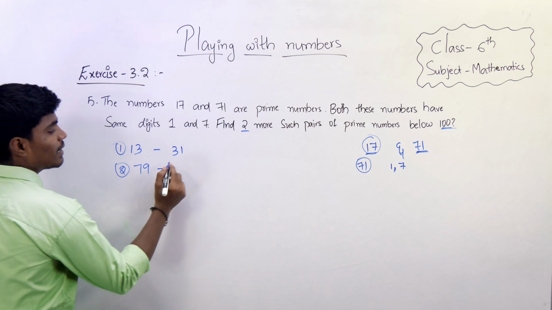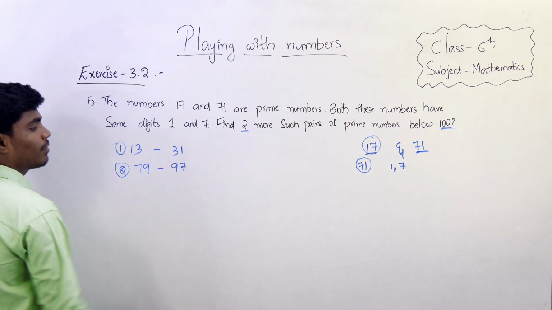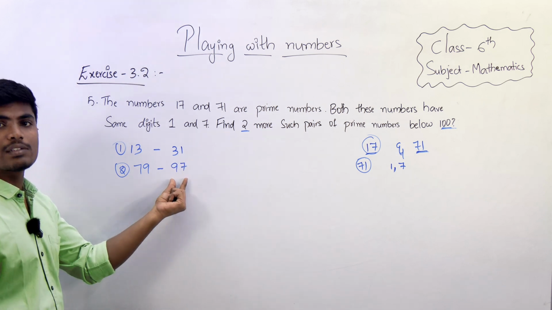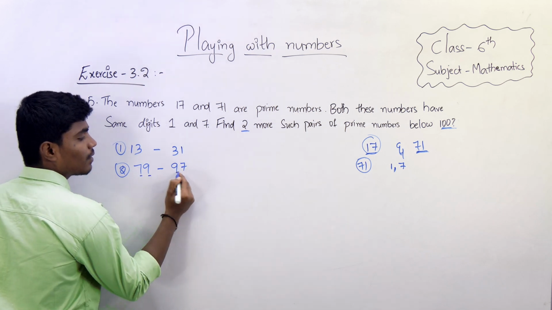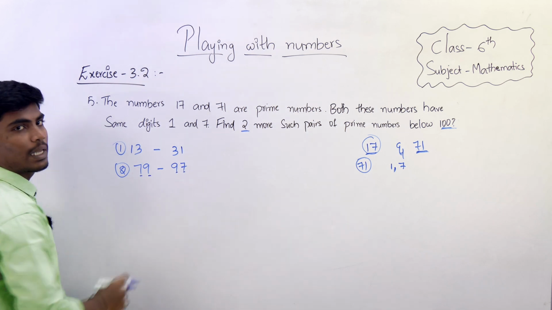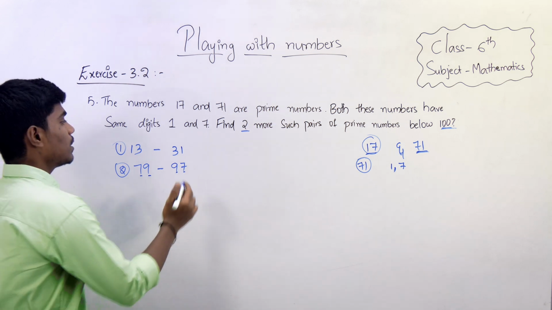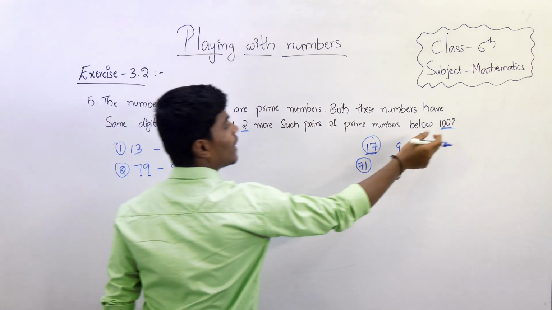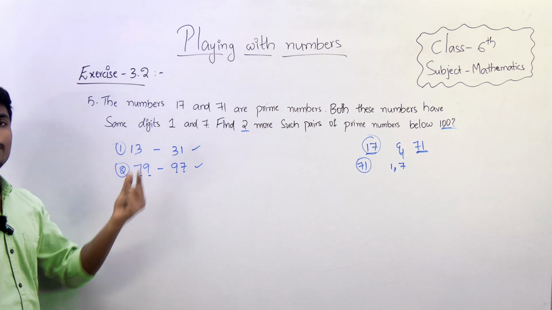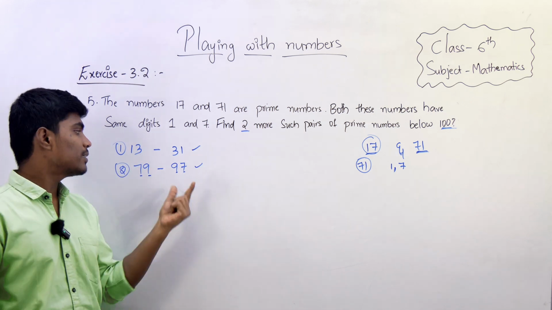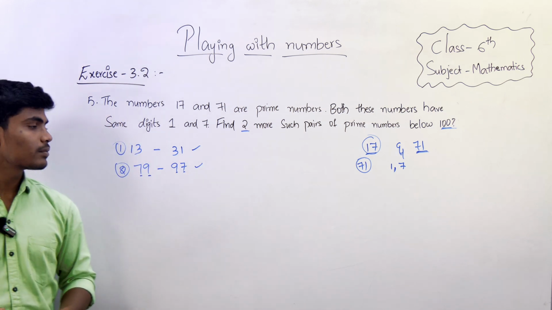Now on reversing it becomes 97. 97 is also a prime number. In these, the digits 7 and 9 are common in both numbers. So these are the two pairs below 100 where the two digits of the number are the same. This is the solution for the fifth one.